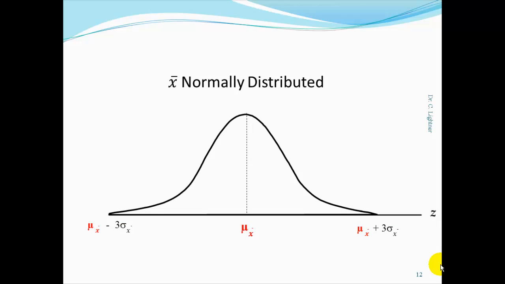Using the central limit theorem, if x bar is normally distributed, we can draw the normal curve with the highest point occurring at the population mean of x bar, and our endpoints for this normal curve would occur at the mean minus 3 times the standard deviation of x bar and the mean of x bar plus 3 times the standard deviation of x bar.